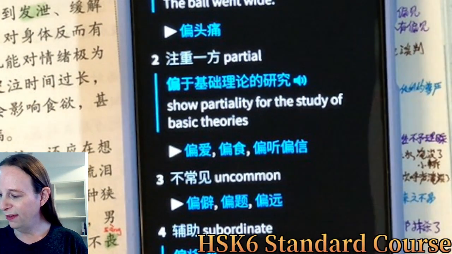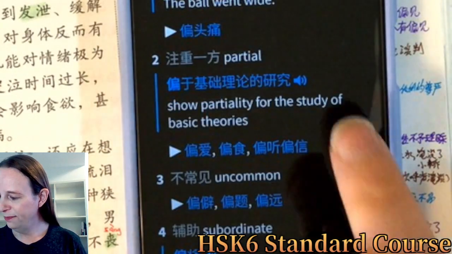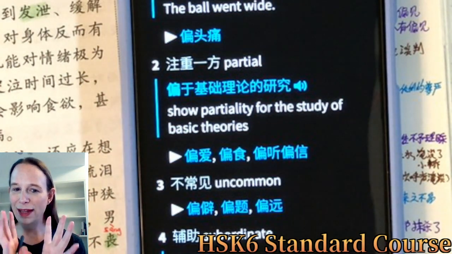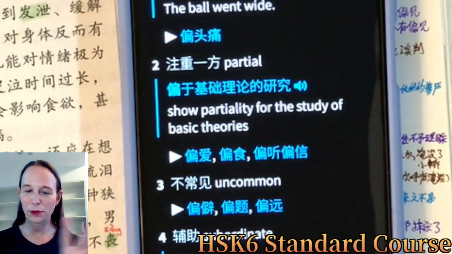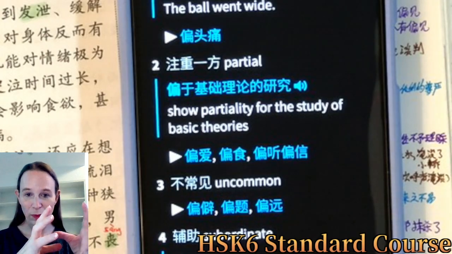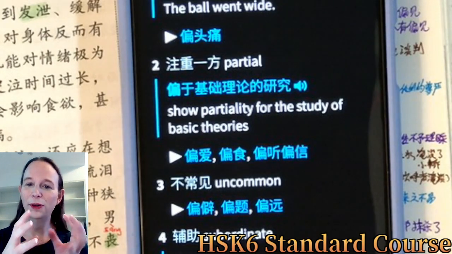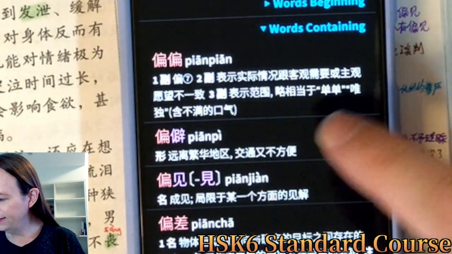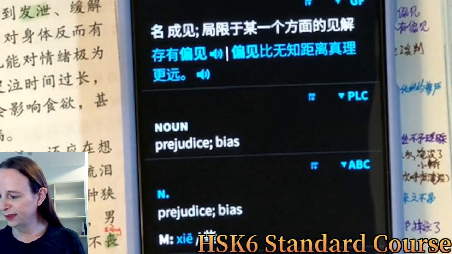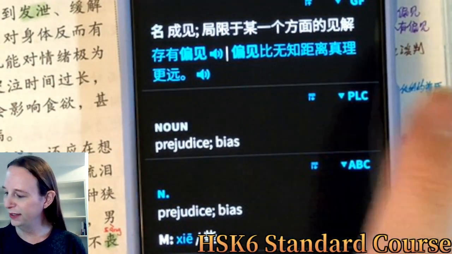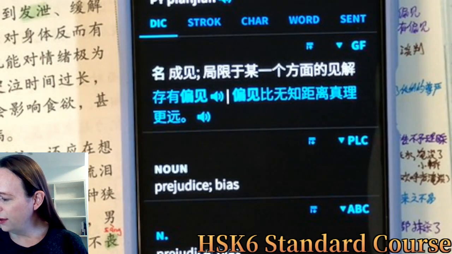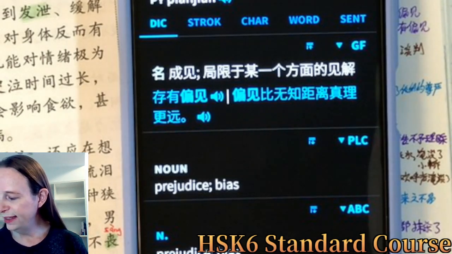This one will be relevant. 注重一方. So this is weighting heavily one side. The emphasis is there's multiple options. This one is the important one. 偏见 is a negative word. Yeah, 成见. I don't recall encountering that word. 局限于某一个方面的见解.